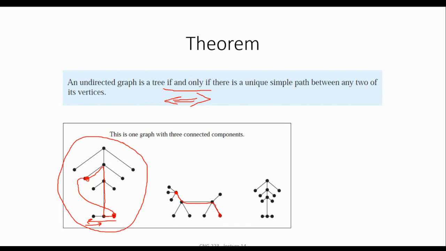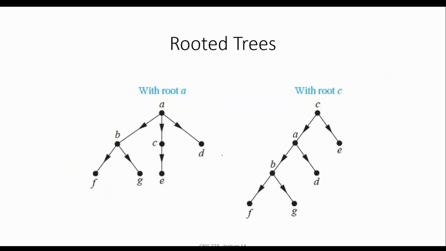It's not always easy to recognize whether this is a tree or not. And why is this important? Because when you are trying to design a new discrete computational model, you should make sure that what you have designed is a tree, if that's what you are looking for. So these are things we should be careful about. There are different types of trees.